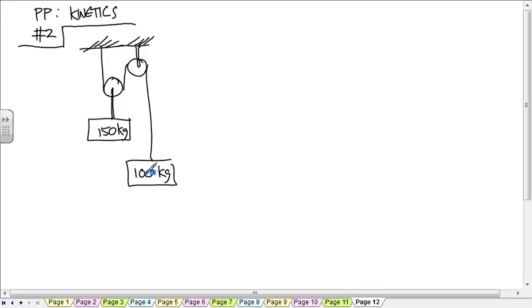And we want to know, first, what's the acceleration vector of the 150? And second, we want to know what's the position vector as a function of time given some boundary conditions. So we'll get to that in a second.